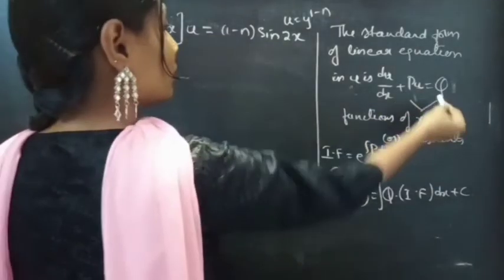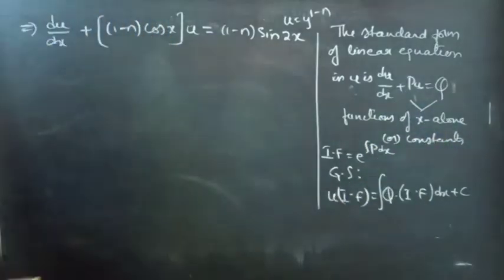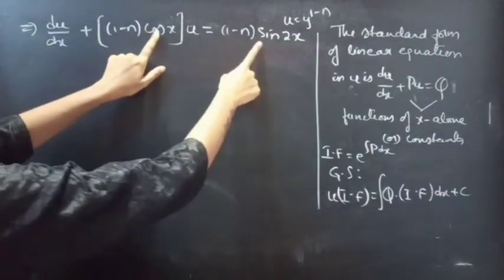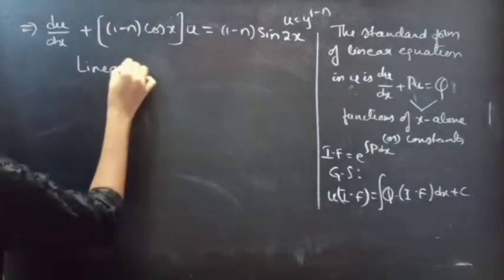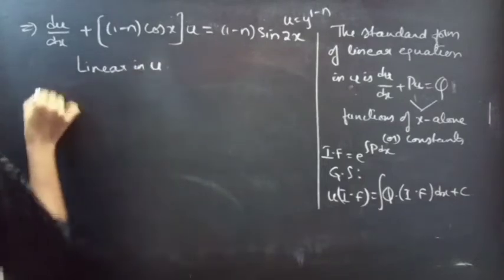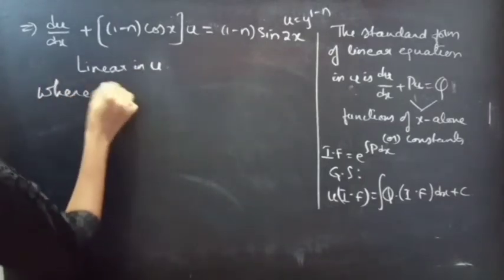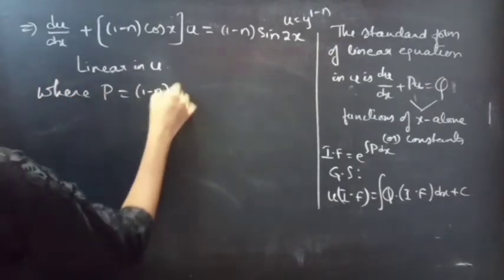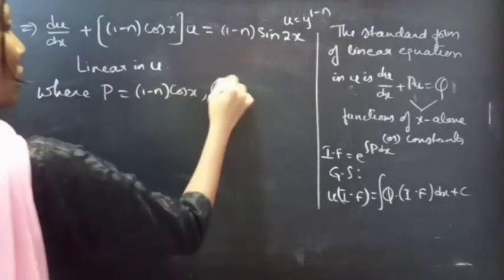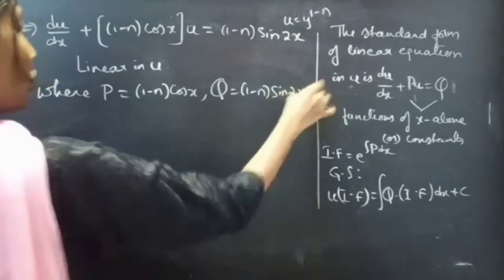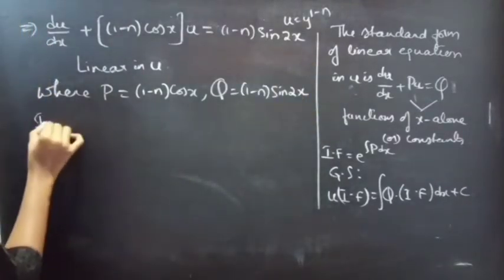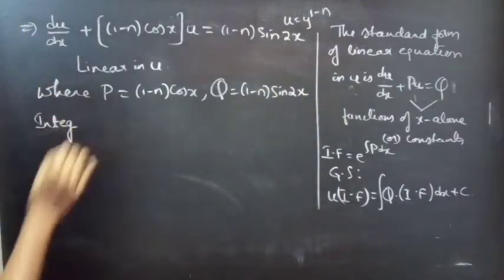Since P and Q are either functions of x or constants, and here we have functions of x, it is linear in u, where P = (1 − n) cos x and Q = (1 − n) sin 2x. Now we need to find the general solution.